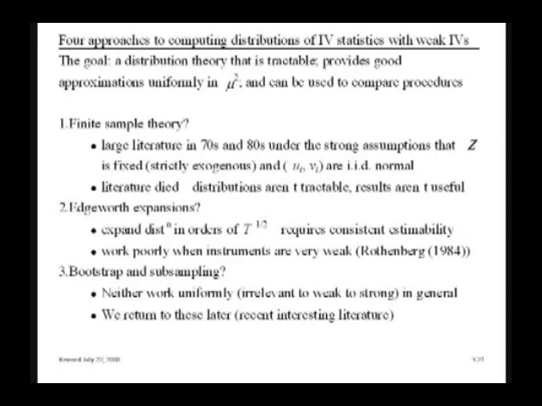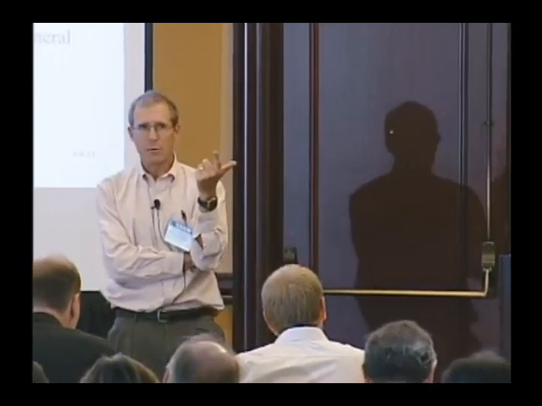The first step is coming up with some analytical framework that's going to allow us to characterize this distribution theory in a way that's more relevant than just saying asymptotically normal in the usual way. So we've got to come up with a better distribution theory. Second step is once you've done that, you can start to talk about tools that are going to be valid for inference when you have weak instruments.